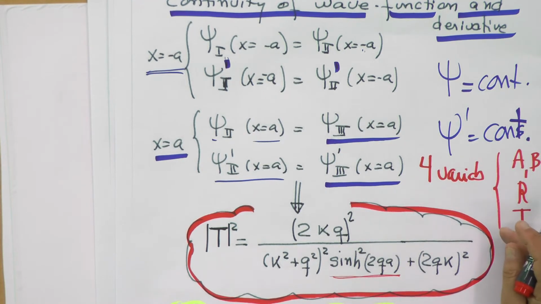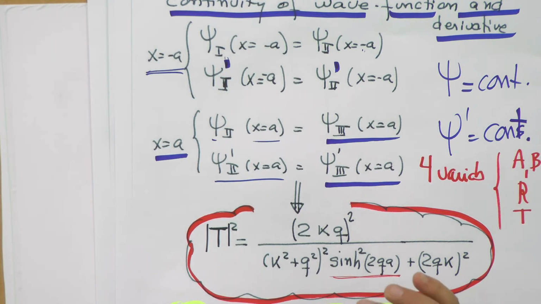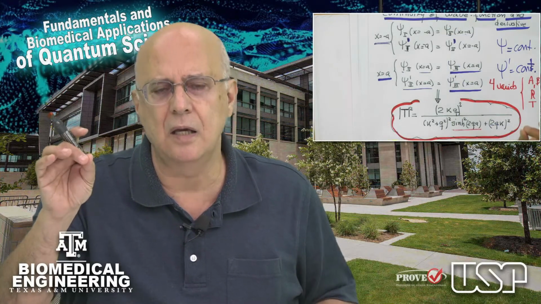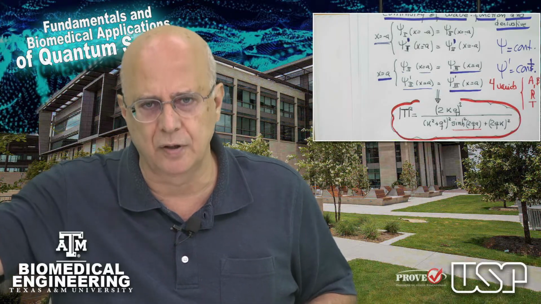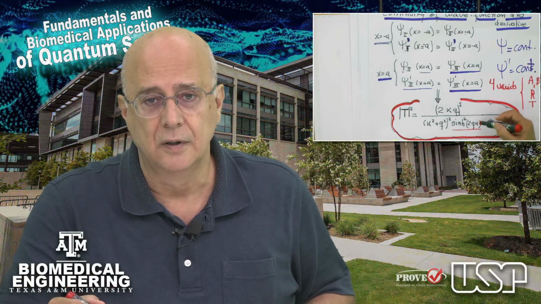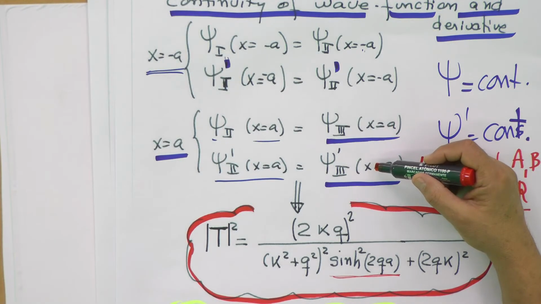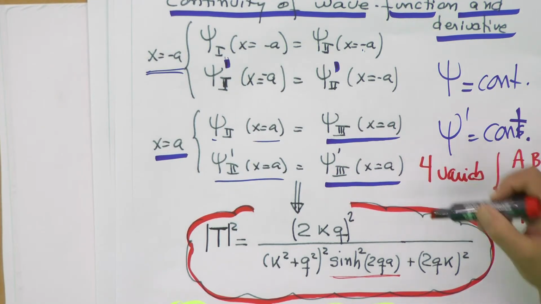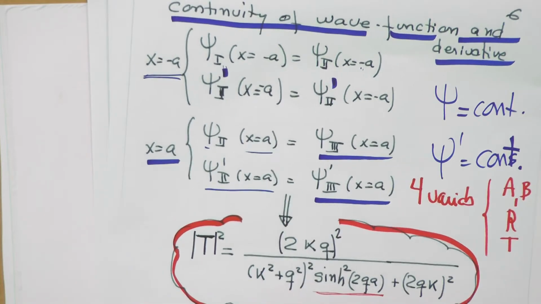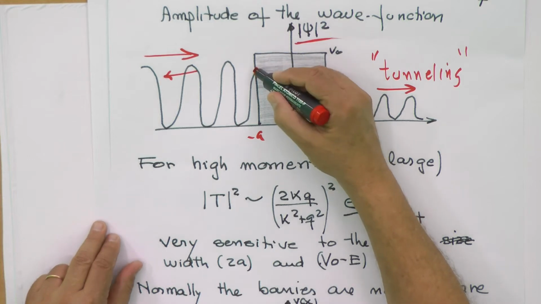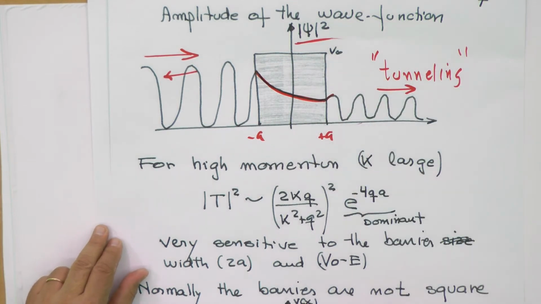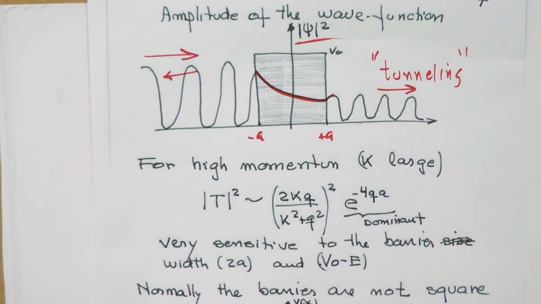As you know, the hyperbolic sine is a sum of e to the plus qa and e to the minus qa, right? That's going to appear here. And then it goes up, and then I may have this negative exponential really shooting down the wave function. And that's this exponential decay you observe. And then the oscillation continues, right?